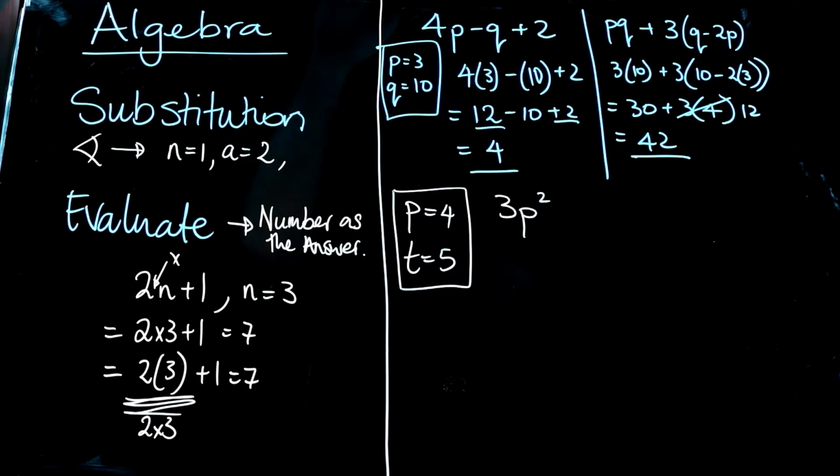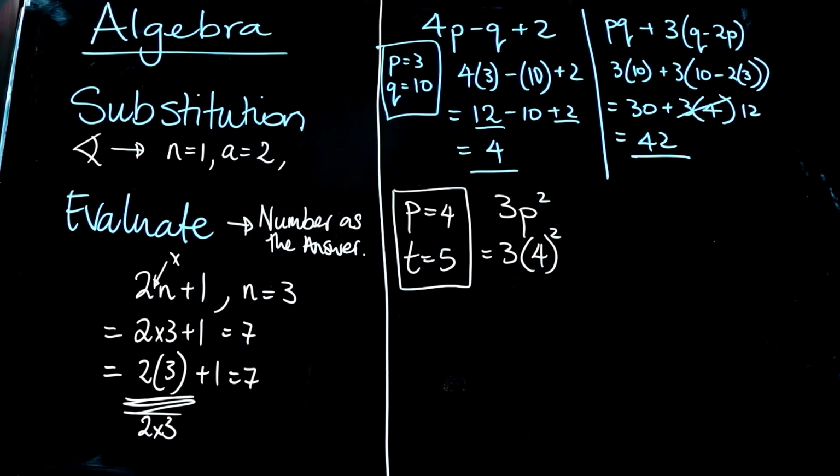Now the value of p is 4, so we can write this as 4 substituted in. Keep everything the same. All I've done is change the letter to the number that it's corresponding to. So p equals 4 here.